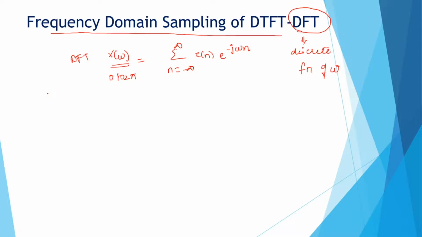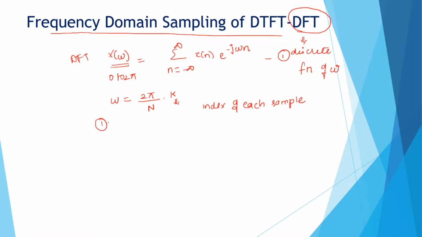So, how can I do sampling? I can take a few samples from the maximum range of omega. So, I define omega equal to 2 pi, the maximum range, by N, only finite samples, into k, where k refers to the index of each sample. Let me name this as equation 1.